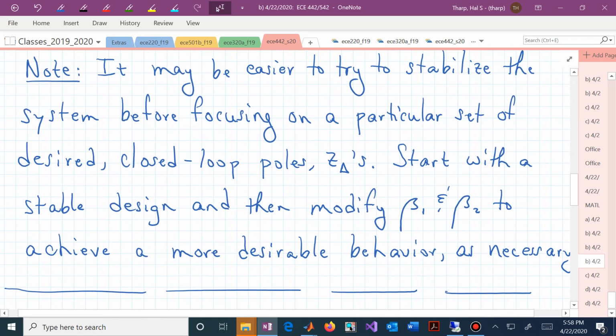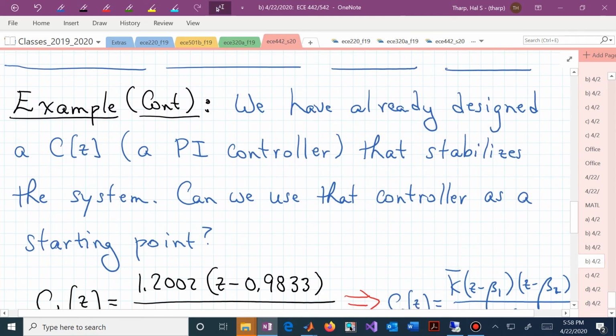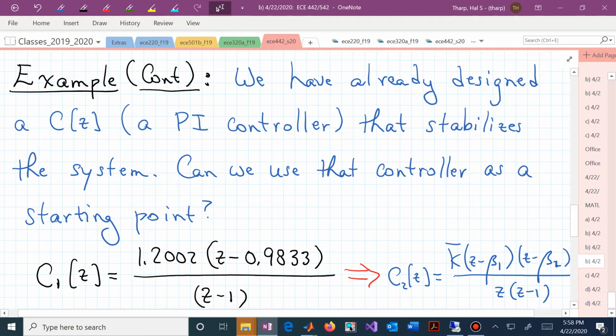So now we start with a stable design and then modify beta 1 and beta 2 to achieve a more desirable behavior. For this particular system, with an unstable pole at z equal to 2, we have been able to stabilize that with a PI controller, and here is the PI controller that I'm giving you as capital C sub 1 of z.